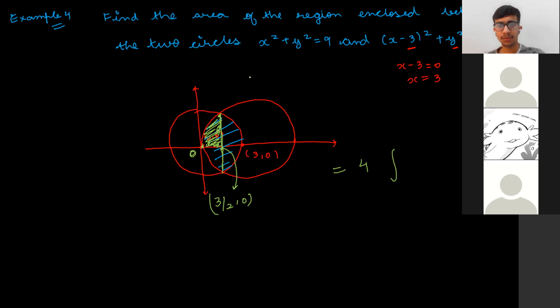So y square is equal to 9 minus x minus 3 the whole square, and from 0 to 3 by 2, the square root of 9 minus x minus 3 the whole square.